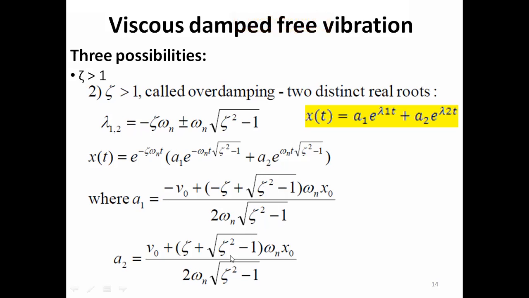After utilizing the initial conditions here, a1 would be equal to this quantity and a2 would be equal to this quantity. A1 is minus v naught plus minus zeta plus under root zeta square minus 1 omega n x naught divided by 2 omega n under the root zeta square minus 1, and similarly a2 would be equal to this quantity.